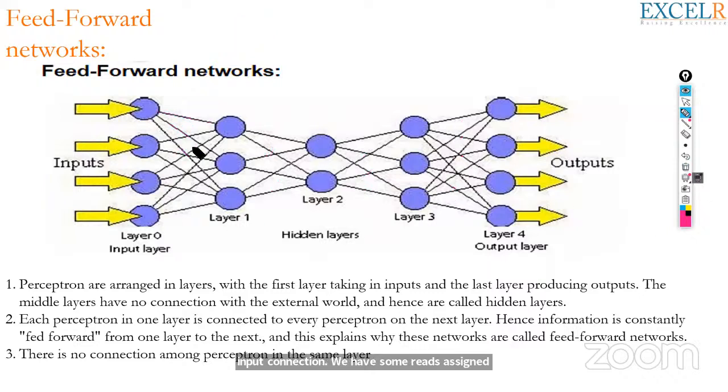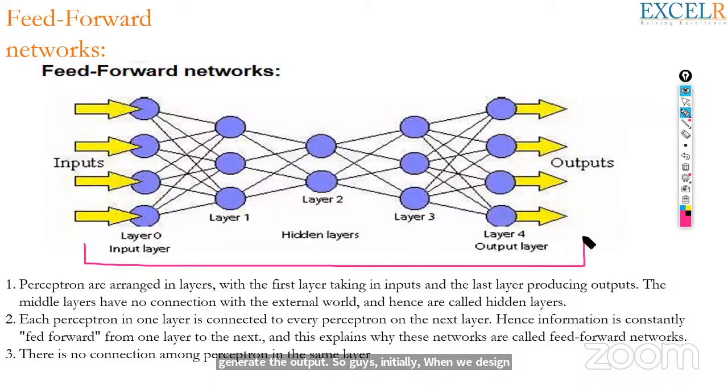Now, how are these weights assigned and how will it generate the output? So guys, initially, when we design this network, we assign the weights randomly, some random number between 0 and 1.